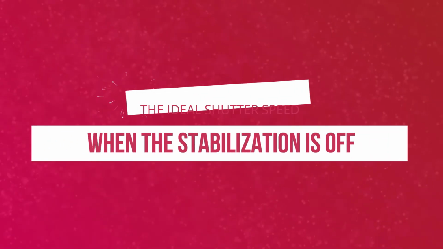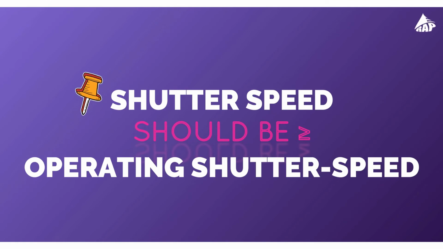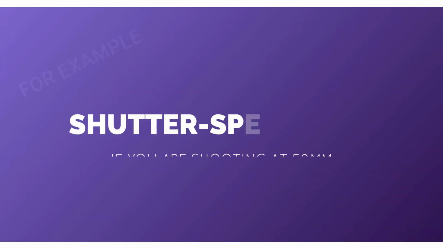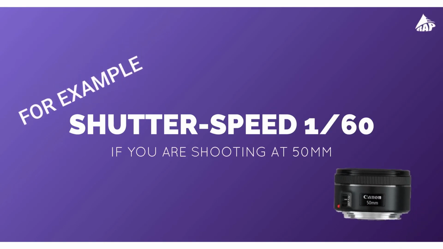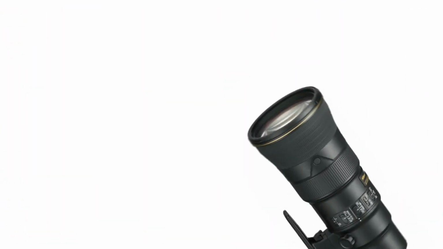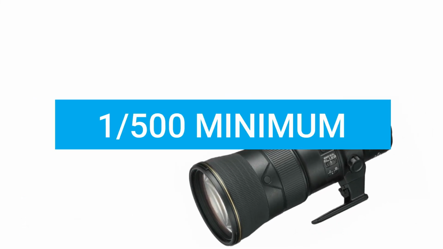This is a formula, just remember it: the ideal shutter speed is equal to the operating focal length of the lens. For example, if you are using a 50 mm lens, then you have to use at least 1/60 shutter speed to get a nicely frozen image. With a 500 mm lens, the ideal shutter speed has to be 1/500 minimum.